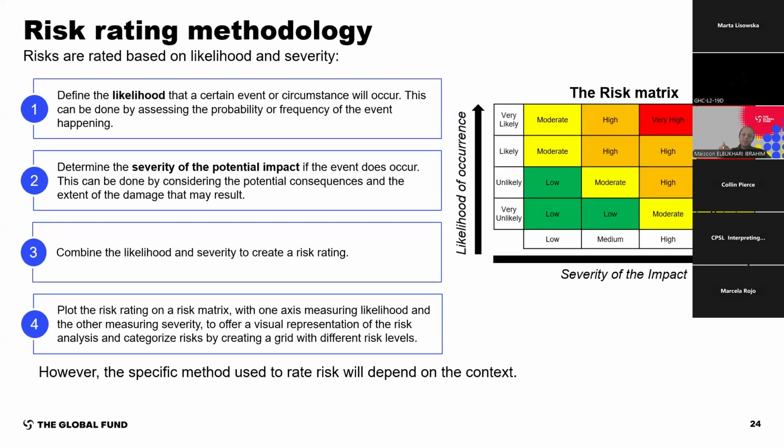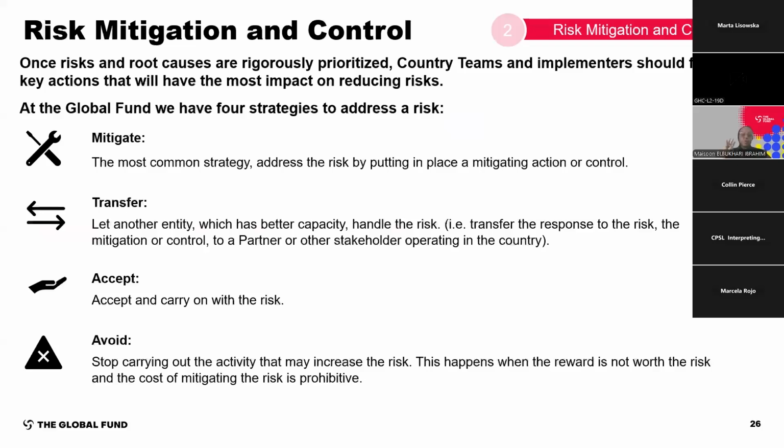The next slide will show us that we have 4 strategies to address the risks. We can mitigate, and that's address the risk by putting in place mitigating actions or control. Some risk may be beyond the control or the resources that are available for the grant. And in these cases, we may decide to transfer the risk to another entity that has better capacity to handle the risk.